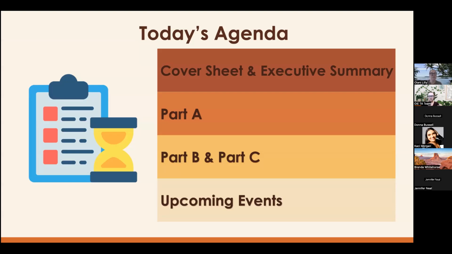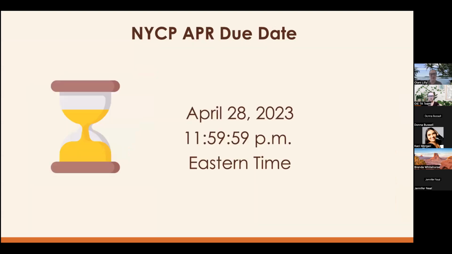But the most important, and the reason why you're here, event that's upcoming is your due date for the NYCP APR. It is due April 28th, 2023. Please note this, 11:59 p.m. Eastern time zone.